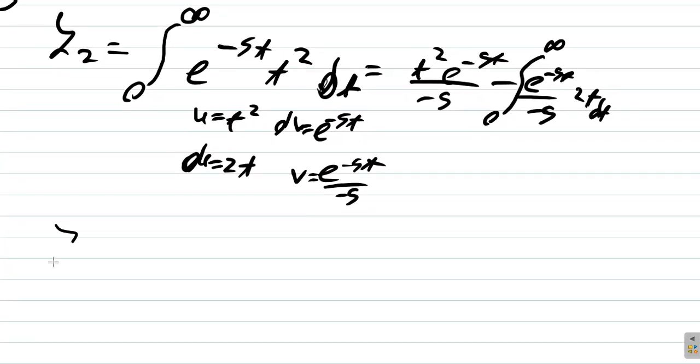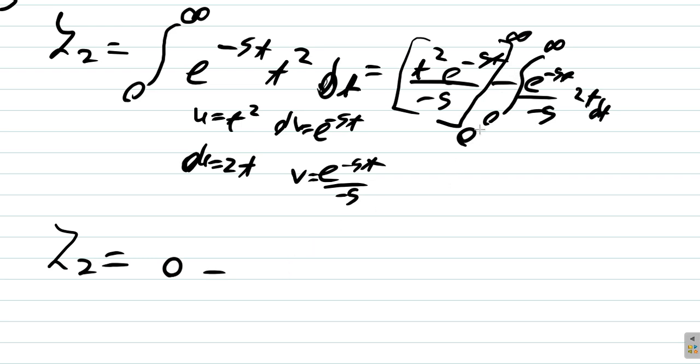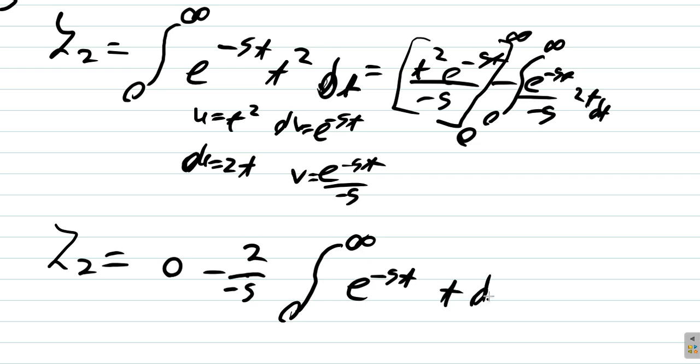So here, the Laplace L2 that we're finding is, now remember the boundaries here, it goes from 0 to infinity, and the same thing that happened before happens again, so this amounts to 0, minus 1 over negative s, and we factor out 2 as well, integral from 0 to infinity of e to the negative st times t dt, right?